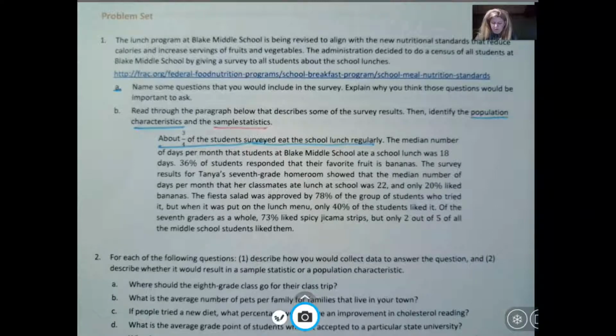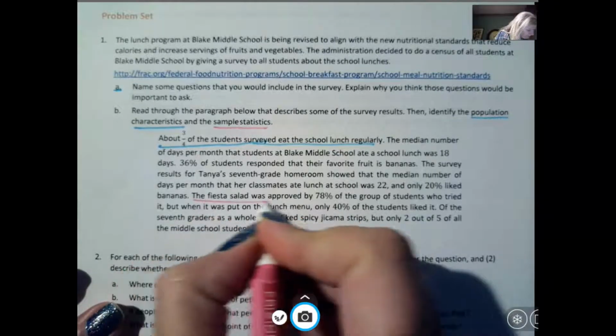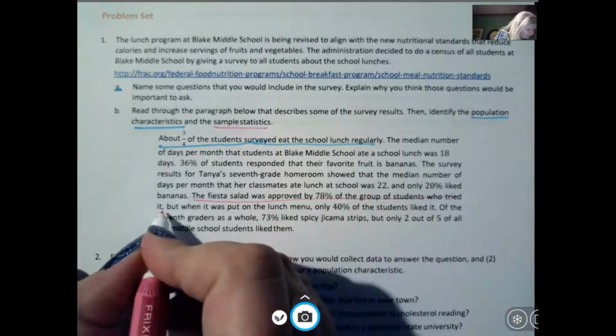The survey results for Tanya's 7th grade homeroom showed the median number of days per month that her classmates ate lunch at school was 22, and only 20% liked bananas. The Fiesta salad was approved by 78% of the group of students who tried it. Okay, so this was just the group who tried it.